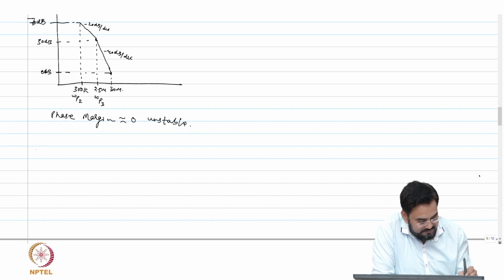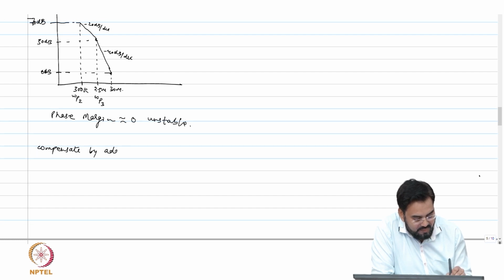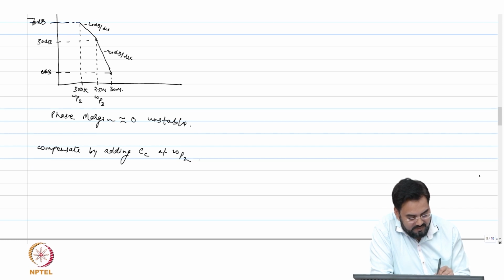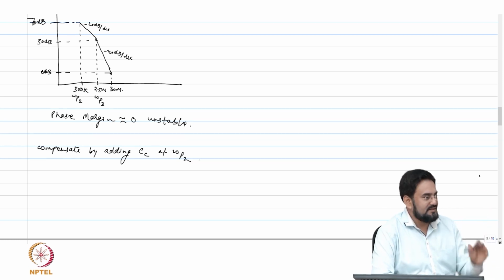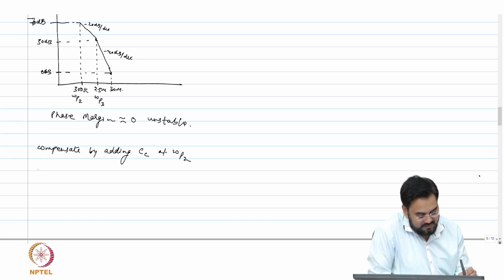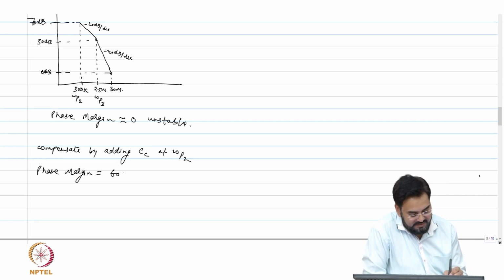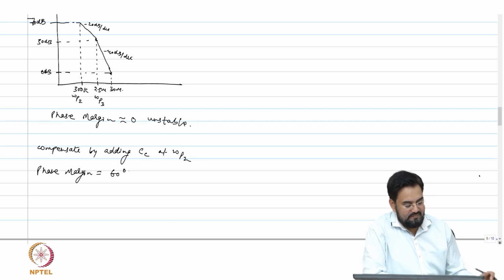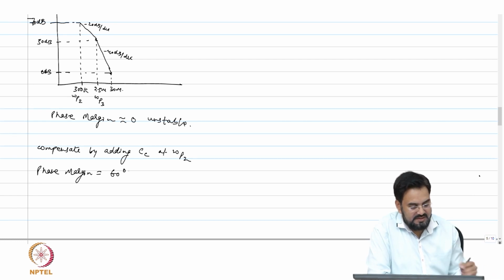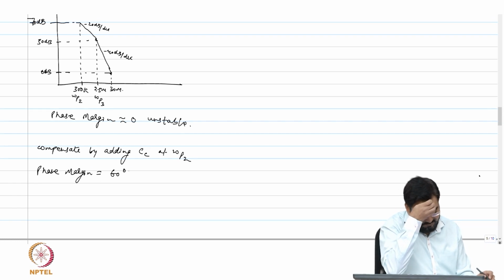So now compensate by adding CC at omega P2. Again, consider a 60-degree phase margin. So what should be the pole frequency?